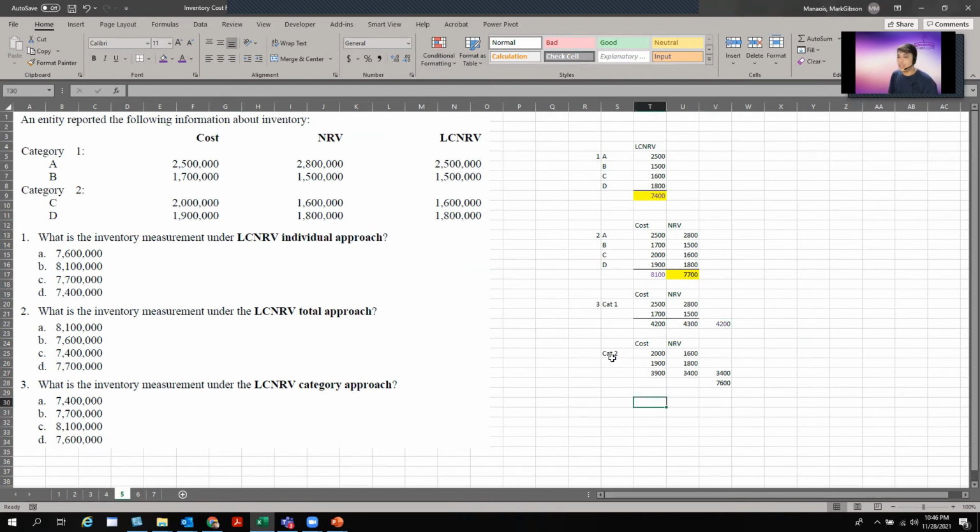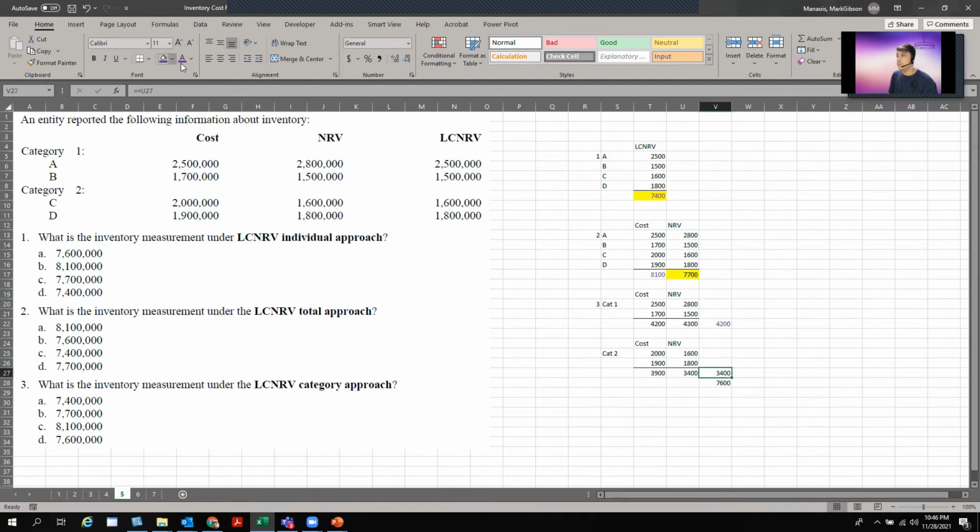And then category 2, so we have 2 million plus 1.9 million. So that's 3.9. And then for NRV naman, we have 1.6 plus 1.8. That's 3.4. No? So again, we compare the two. Ano yung mas mababa? So we use NRV of 3.4. No?